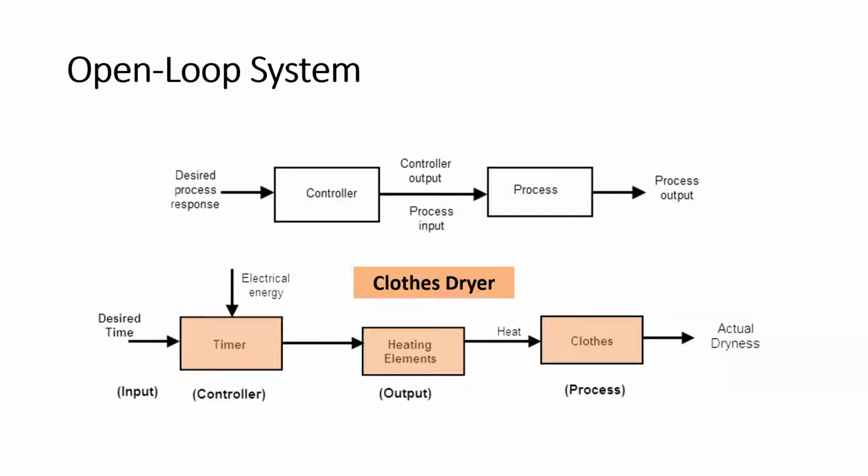All right, so now let's talk a little bit about open loop systems and closed loop systems. As I said, our robot, like most industrial robots, is going to be an example of a closed loop system. So let's start off by looking at an open loop system and why we might not want to use an open loop system, and instead opt for a closed loop system for our robot.